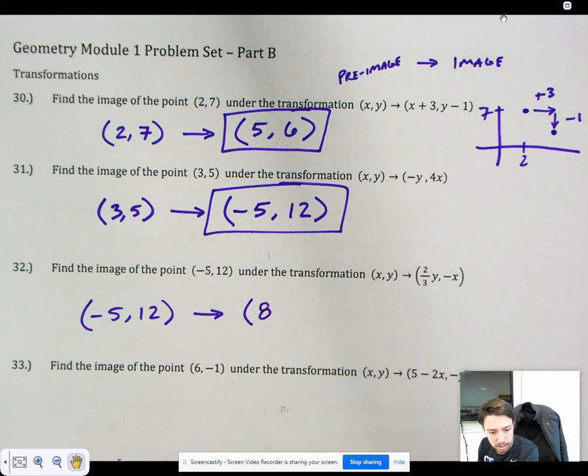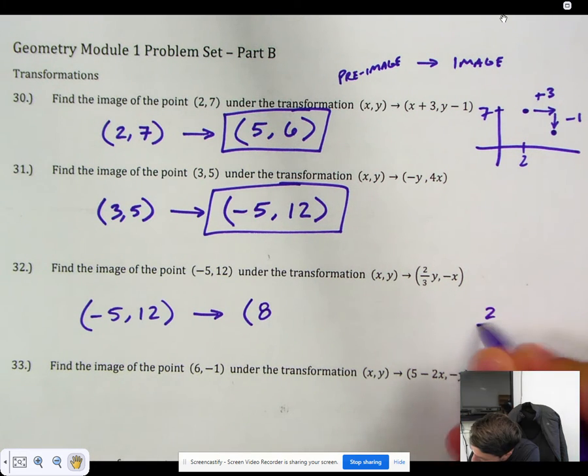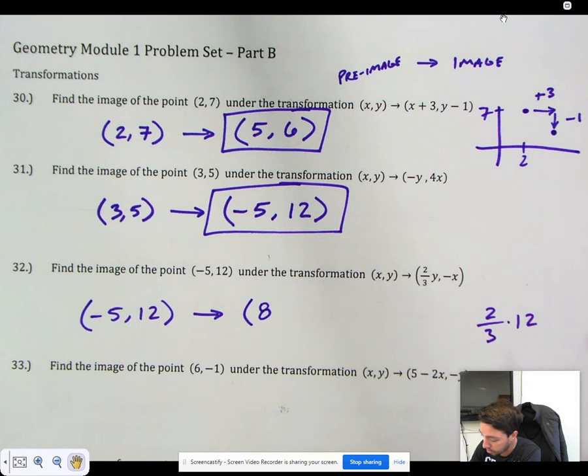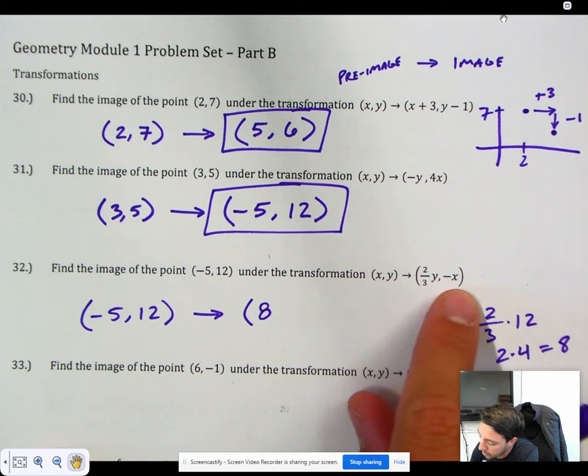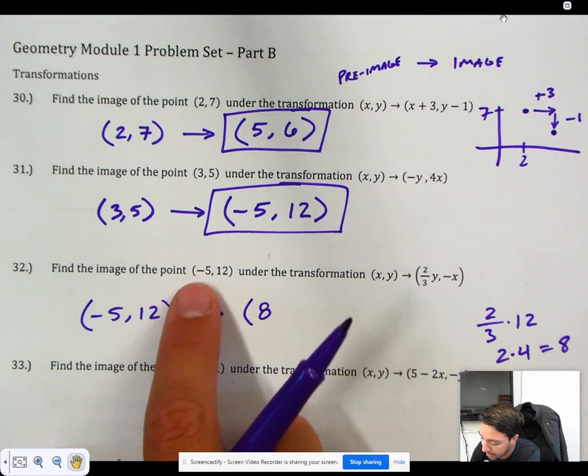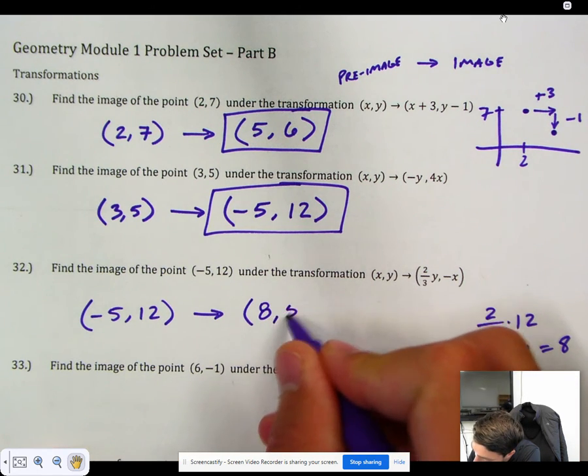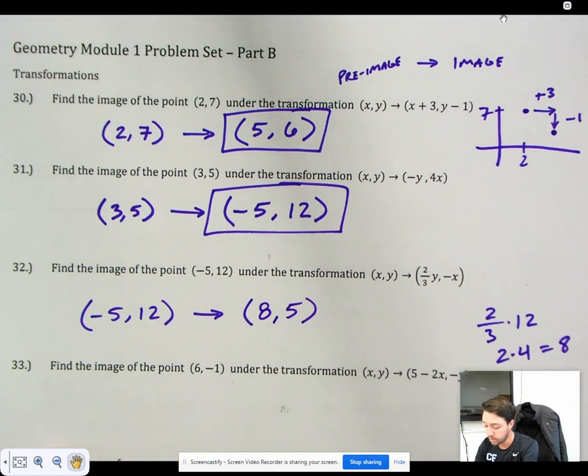Maybe do that in the margin if you're not sure, but 2/3 times 12. The 3 goes into the 12 4 times, so 2 times 4 makes 8. That's where we get the 8 from. And then we take the opposite of the x value to be our second term. So the opposite of negative 5 would be positive 5. So that's the answer to that one.